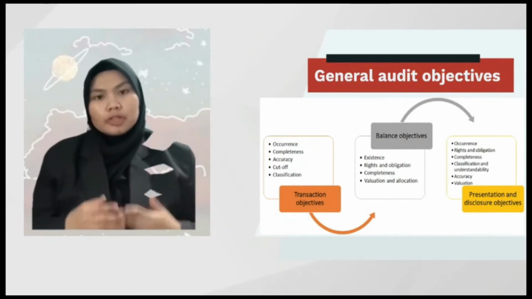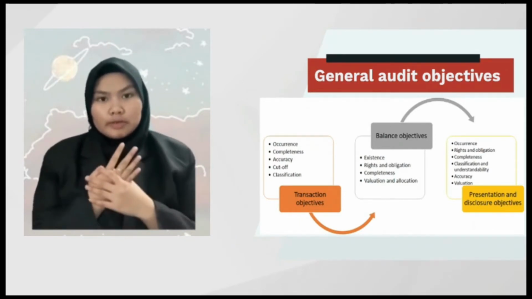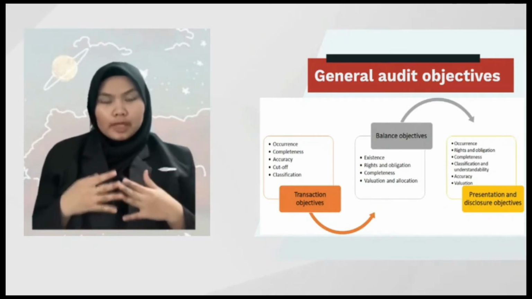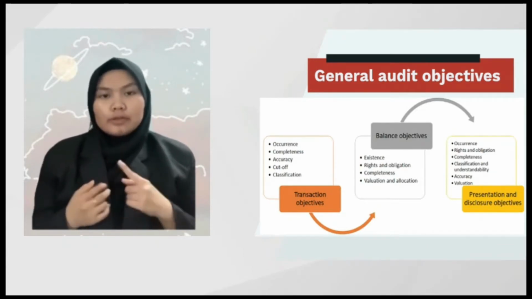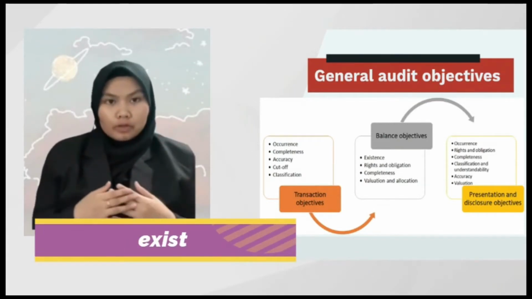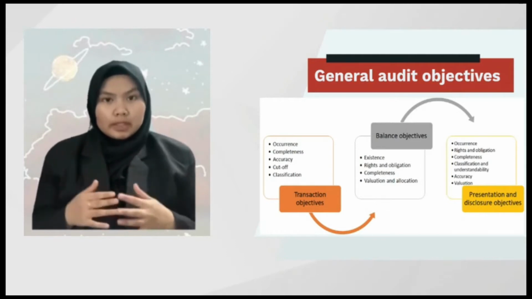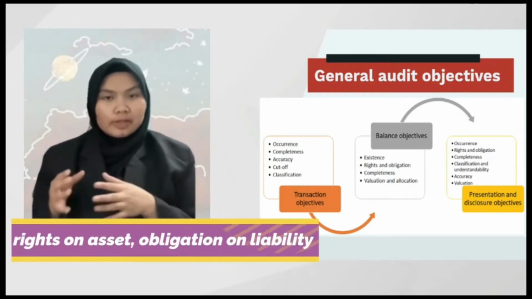Next, we move on to the balance objective. It has 4 objectives in this category. The first one is existence. The auditors need to make sure that all account balances for assets, liabilities, and equity exist. Next, rights and obligations tell that the entity has the rights on its assets and obligations towards its liabilities.